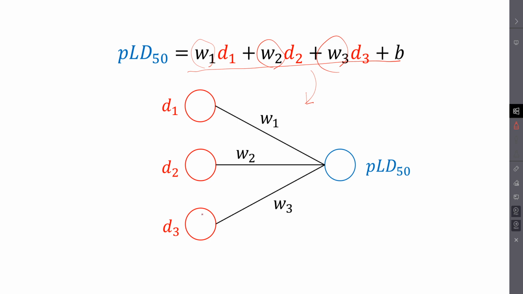And each descriptor has its weight, so they are multiplied, and then they will be summed up.